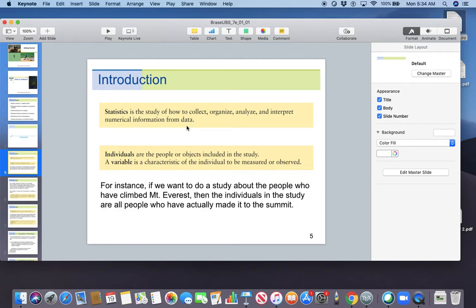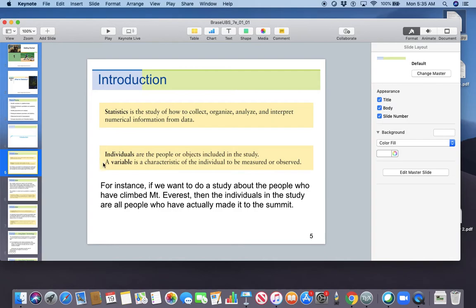That's the data. You will have to organize your data in a way that you can understand things, right? You will need to analyze what your data says, and from the analysis, you will have to interpret. So, all that is statistics.